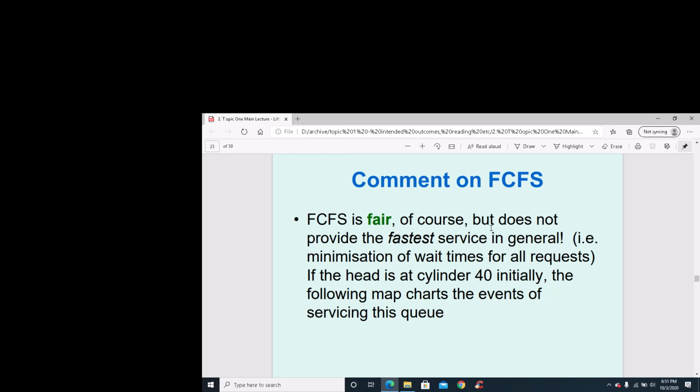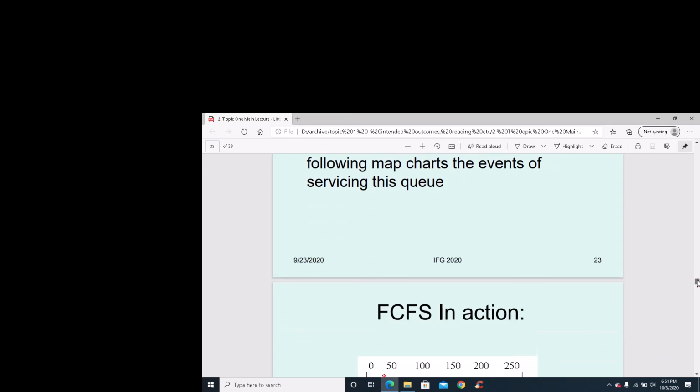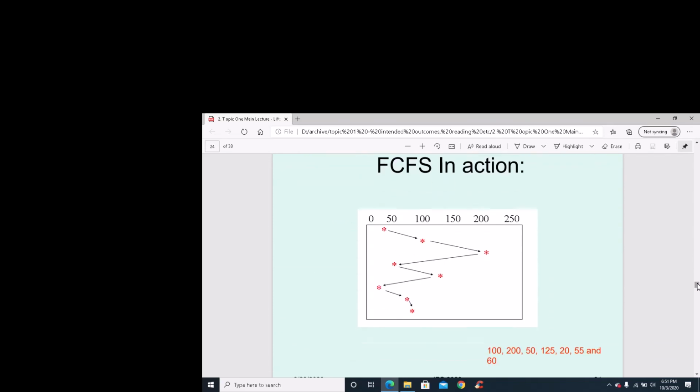It doesn't minimize the time you and I have to wait to have a request serviced. So anyway, if the read-write head is at cylinder number 40 initially, the following chart will actually indicate the operation of the first come, first served algorithm.